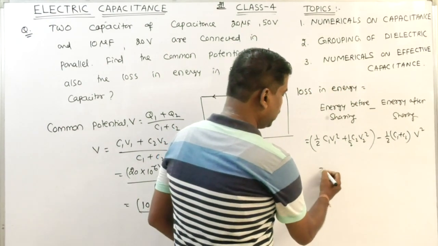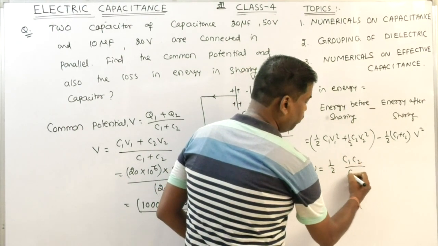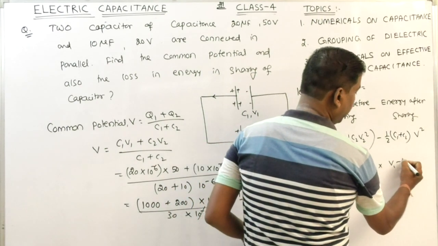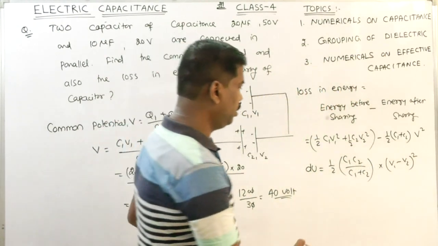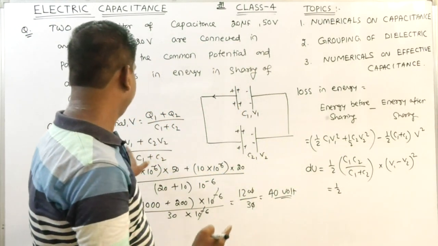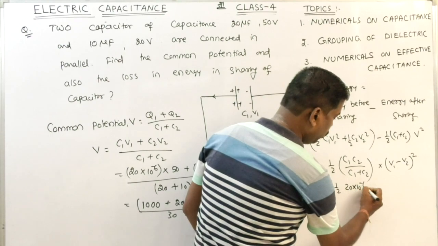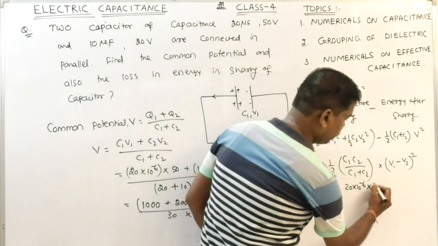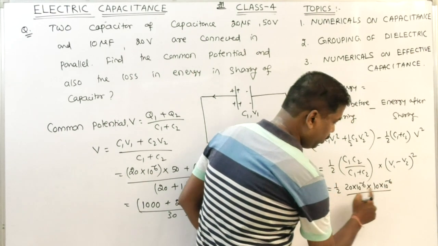As we know, the loss in energy is found to be half C1 C2 by (C1 plus C2) into (V1 minus V2) whole square. Clear? So half, C1 is given as 20 into 10 to the power minus 6, C2 is 10 microfarad, 10 into 10 to the power minus 6, whole by 20 plus 10.